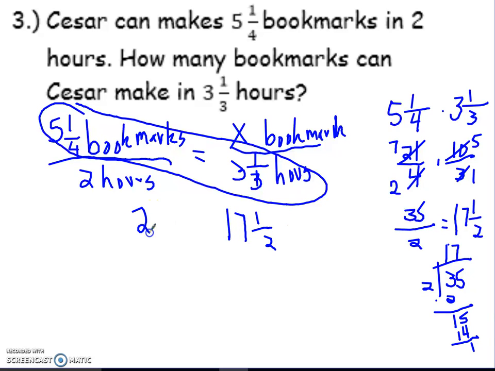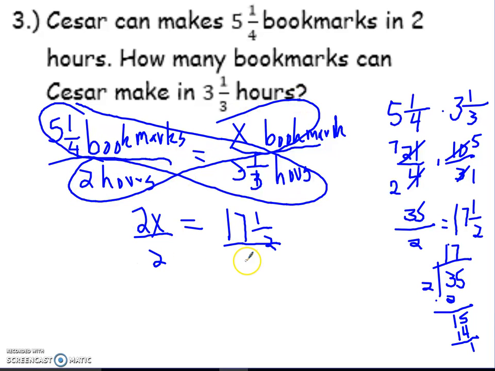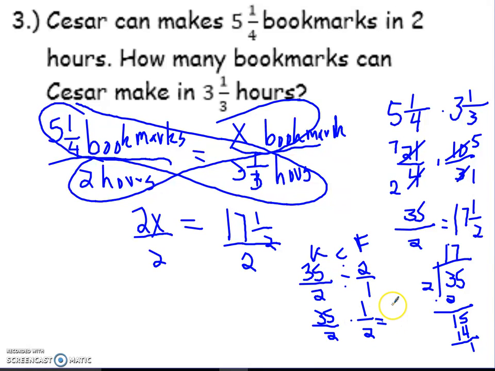So now we have 17 1/2 divided by 2. Alright, so we can say 17 1/2 or 35 halves divided by 2. Okay, we're going to keep it, flip it, change it. So 35 halves times 1/2 will get me 35/4.